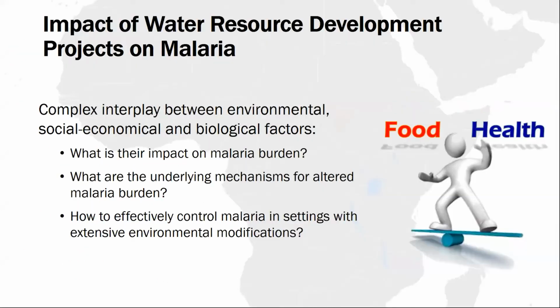So our ICEMR aims to address the complex interplay between environmental, socioeconomic, and biological factors in malaria. The program addresses important questions such as: what is the impact on malaria burden? What are the underlying mechanisms for altered malaria burden? And how to effectively control malaria in settings with extensive environmental modifications?